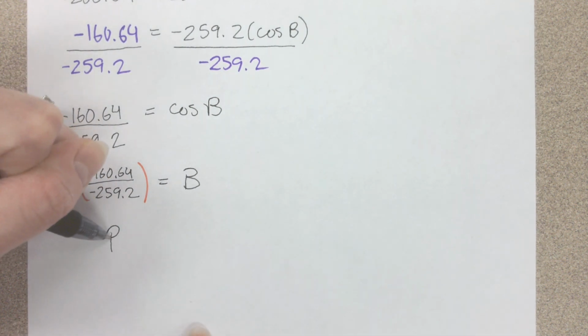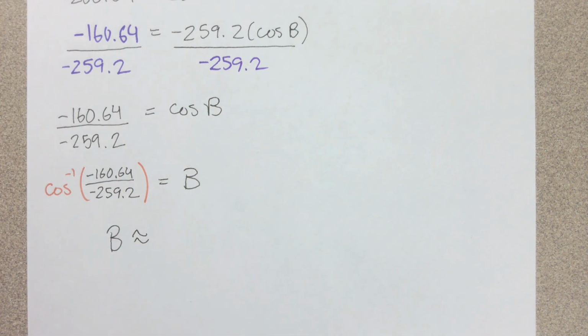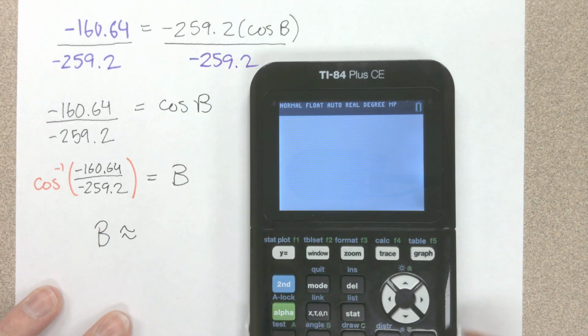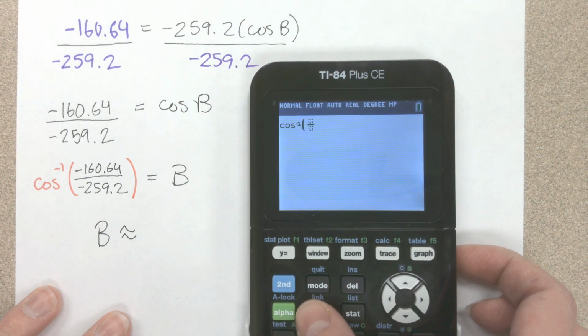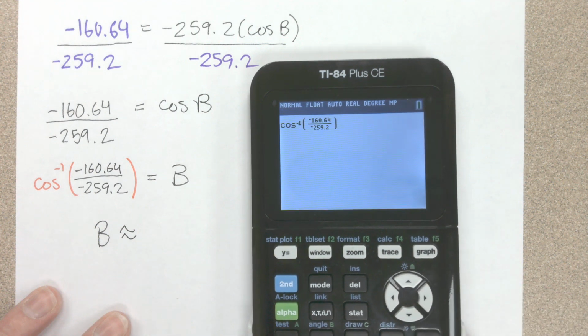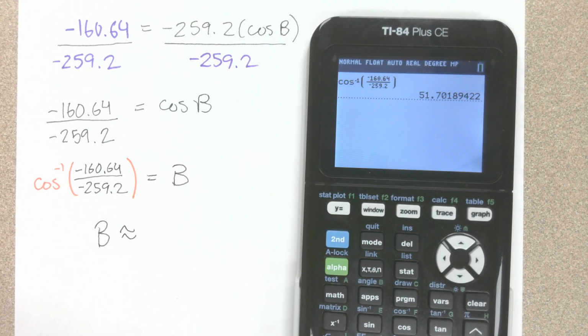And then we will use our calculators and round. When you type this in, make sure you're using cosine, not sine. It's a very easy mistake to make. 51.7.